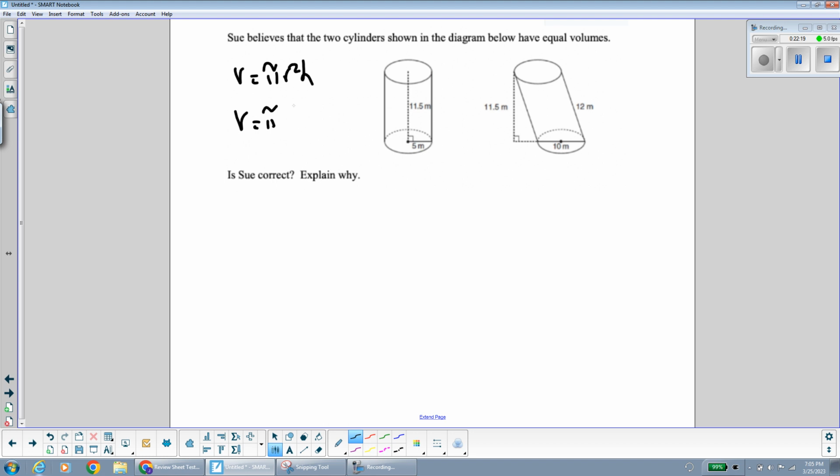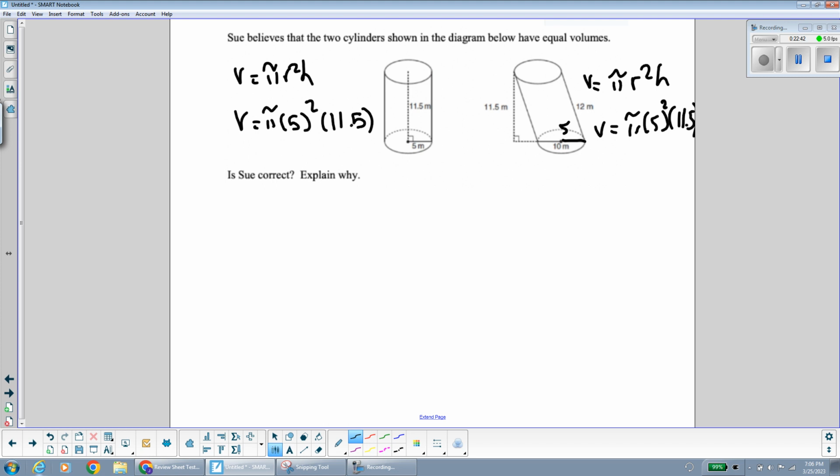The radius here is 5, and the height is 11.5. Over here, it's the same formula, it's still a cylinder. The radius is half the diameter, which is 5.